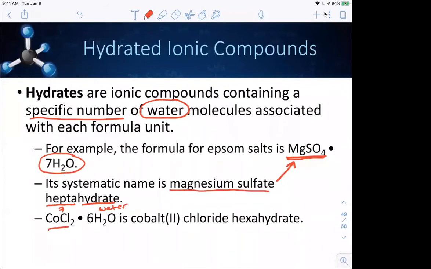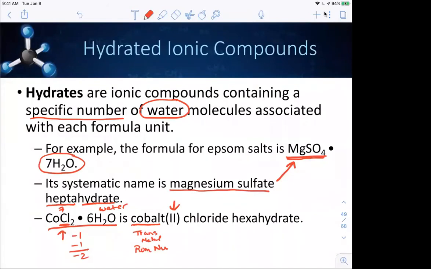If I'm hydrating, I'm drinking water. So this guy, in order to name this hydrate, I would first name the salt. Cobalt is a transition metal, so I'm going to have to use a Roman numeral. I go by the fact that Cl is -1, and I have 2 -1s, so my negative adds up to -2. That gives me the charge on cobalt as a +2.